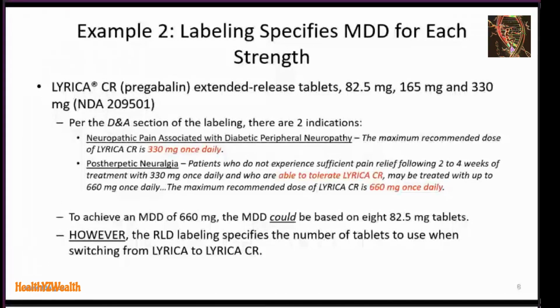For postherpetic neuralgia, patients who do not experience sufficient pain relief following 2 to 4 weeks of treatment with 330 milligrams once daily and who are able to tolerate Lyrica CR may be treated with up to 660 milligrams once daily. To achieve a maximum daily dose of 660 milligrams, this could be based on 8 82.5 milligram tablets. However, the RLD labeling specifies the number of tablets to use when switching from Lyrica to Lyrica CR.